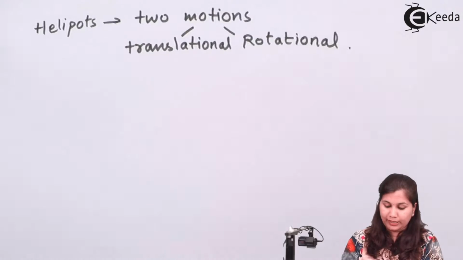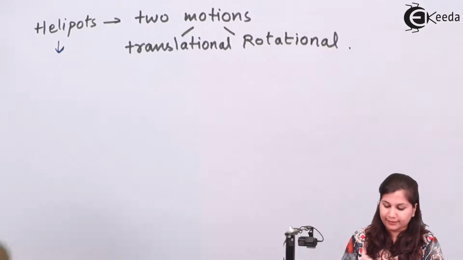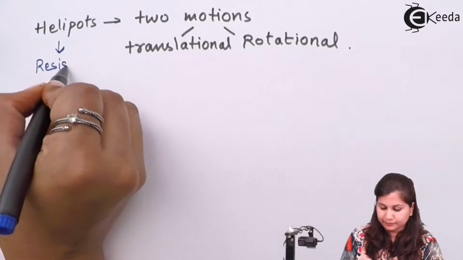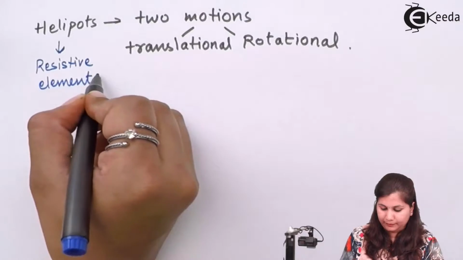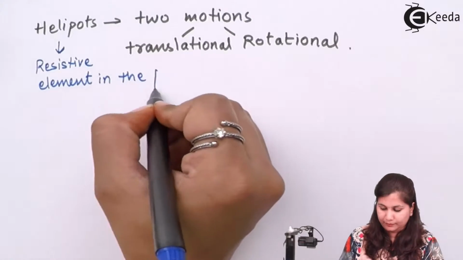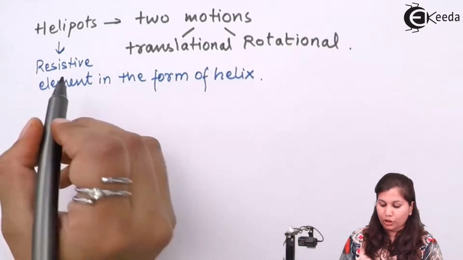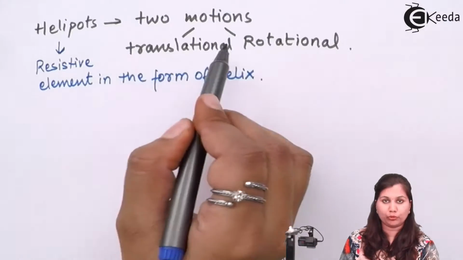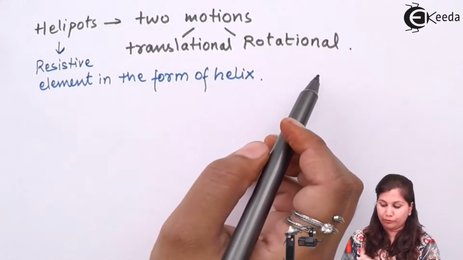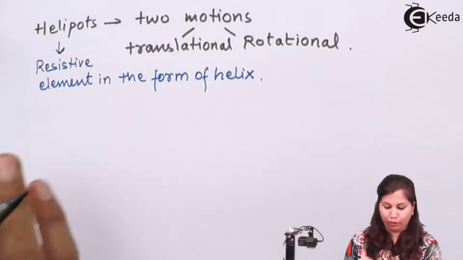In the helipots, the resistive element is in the form of a helix. Due to the helix form of the resistive element, it supports both translational and rotational motions. So we can say there are three types of potentiometer: linear potentiometers, rotary potentiometers, and the helipots.